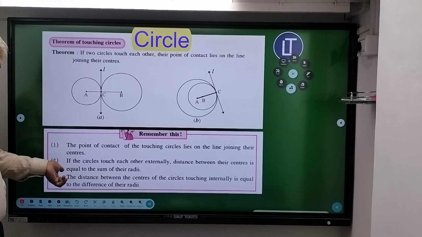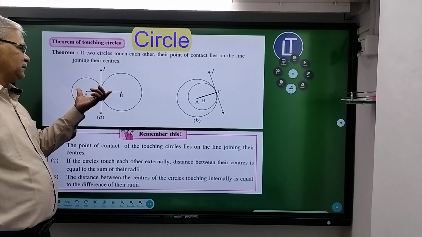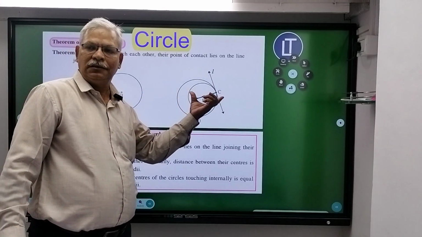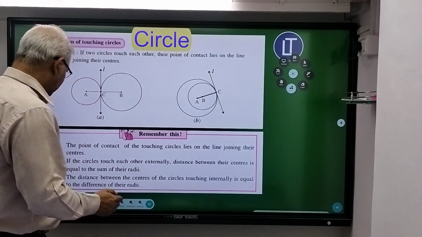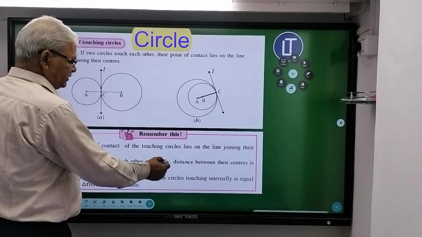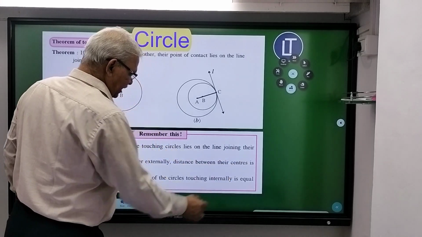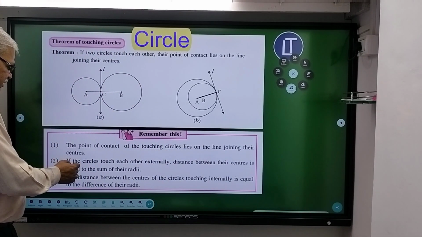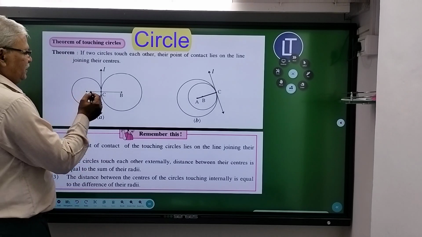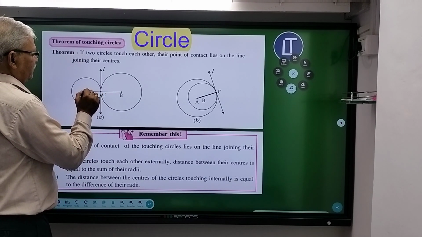The second and third are given regarding circles touching externally and touching internally. If the circles touch each other externally like this, the distance between their centers is equal to the sum of their radii.